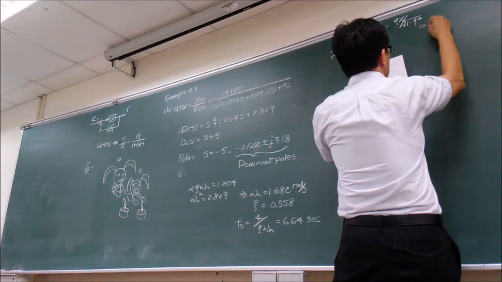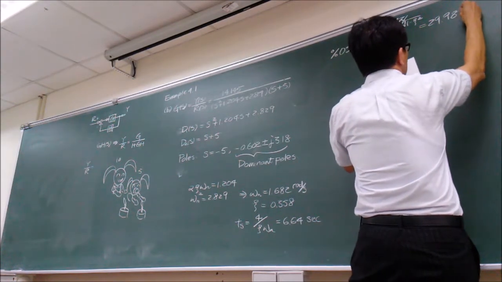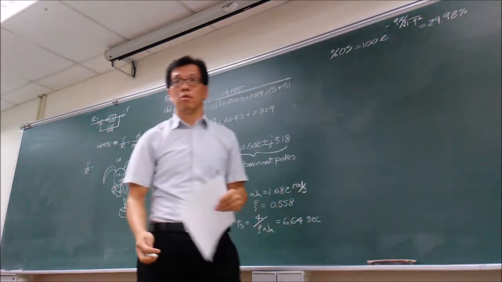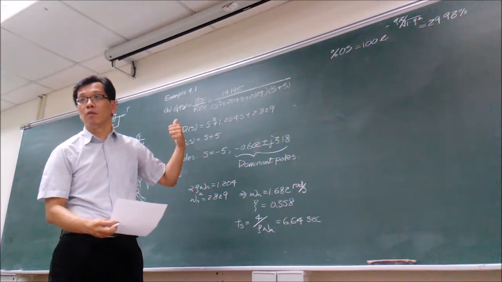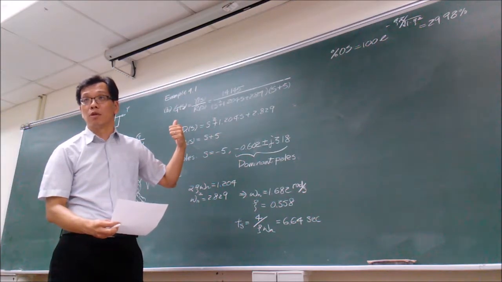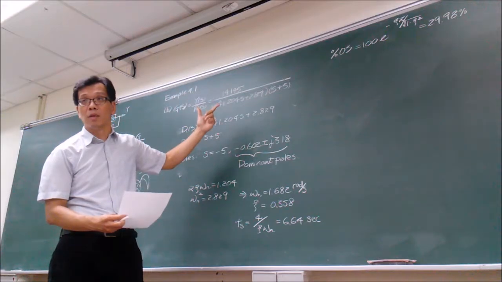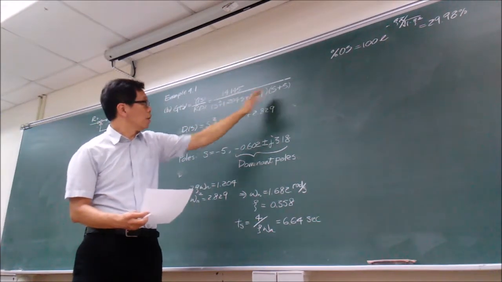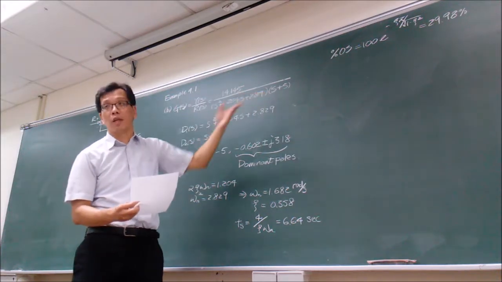We're going to find the answer is 29.98, almost 30%. So when we are talking about something like this, the first thing you need to worry about is which one is your dominant pole in your system. If this is the one, then we just follow the procedures. If this is the one, then you're going to find out.